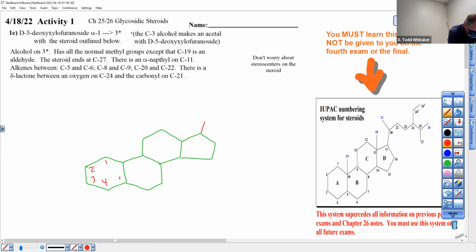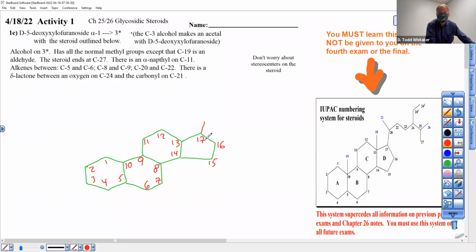Okay, so 5, 6, 7. You just got to buy into this system, people, even if you don't agree with it. Goes like that, and then 11 is up here, 12, and you don't go around the outside this time. You go down the middle. I hope I'm mimicking everything you see on the right. Yeah, and there's 17.